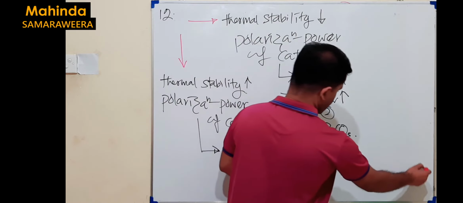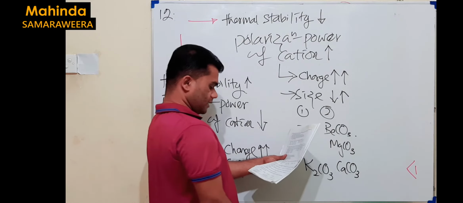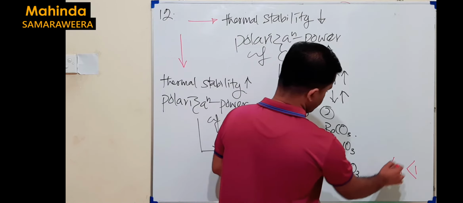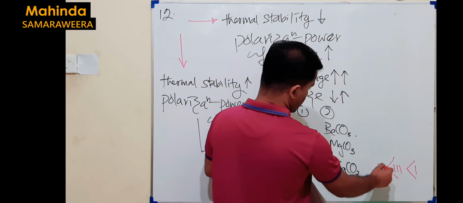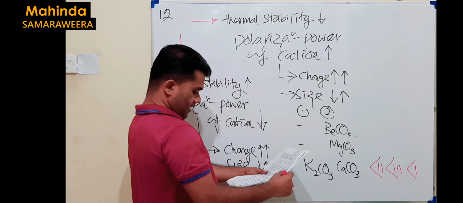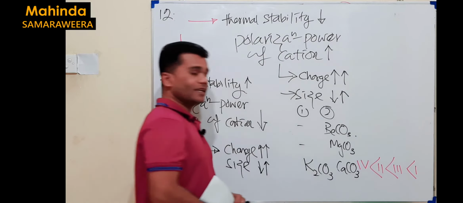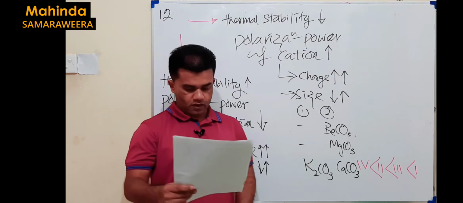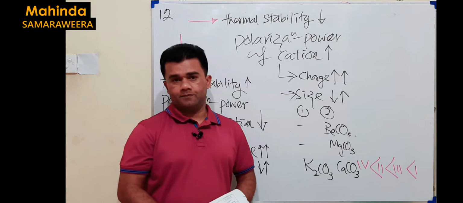First one has the highest. Thereafter, calcium carbonate. Where you find calcium carbonate? It's the third one. Next one, magnesium carbonate. It's in second place. Beryllium carbonate finally, fourth one. So this should be the variation. Then 4, 2, 3, 1. That's given in the second answer.